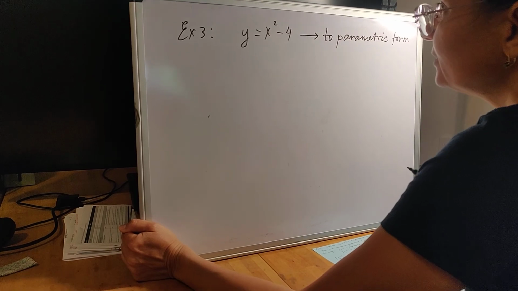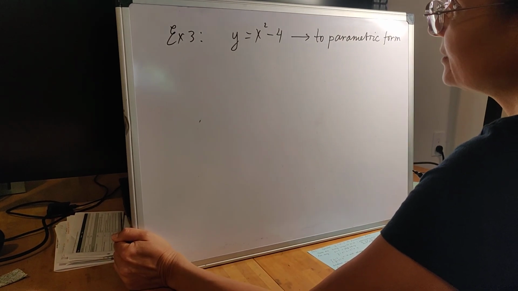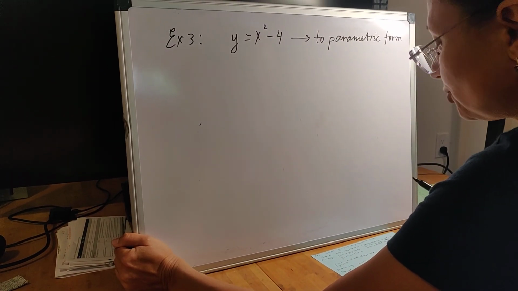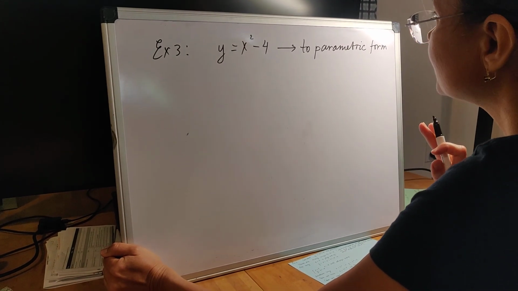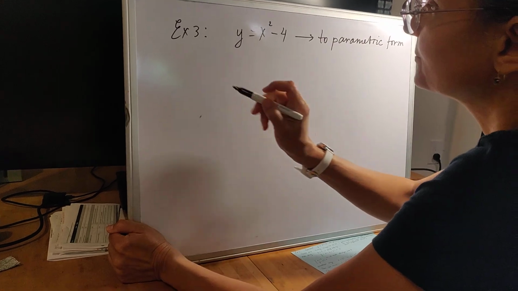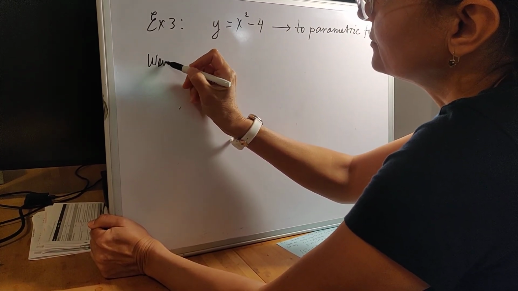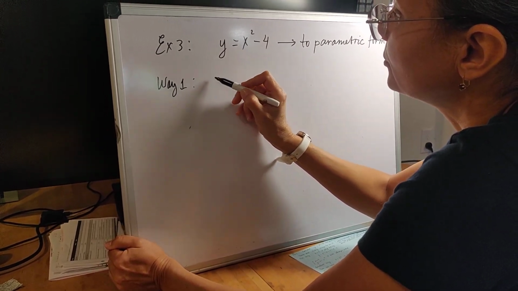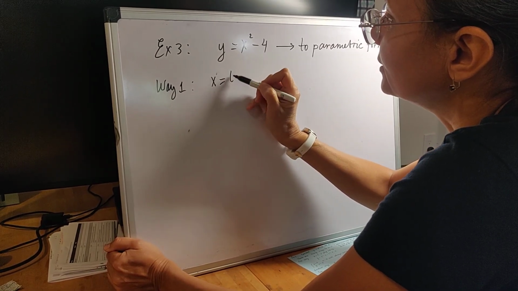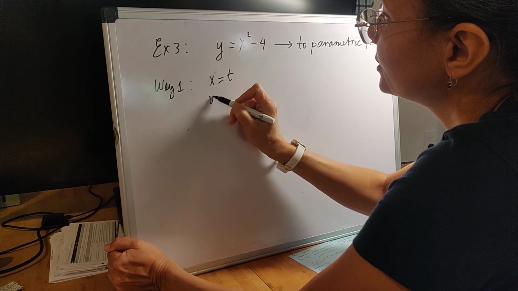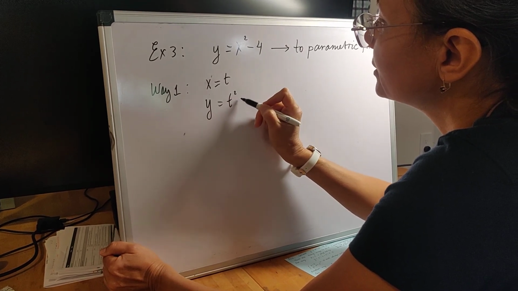So there are many ways to do parametrization of any Cartesian curve. I'm going to show you a couple of different ways just to make sure that you understand that parametrization is not unique. So way number one, I'm going to set up x equals t, and then substitute it over here into my equation: y equals t squared minus 4.